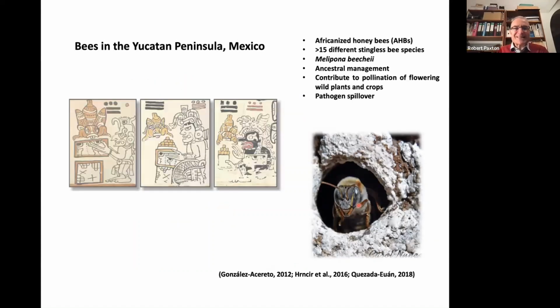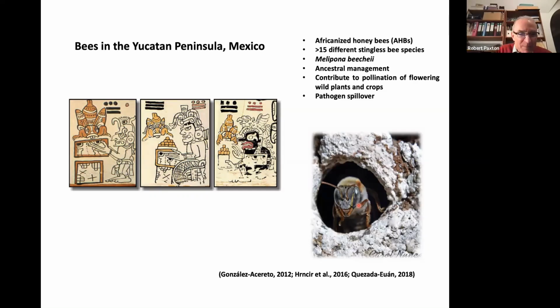Melipona beecheii itself is an iconic species, maintained in a traditional way, the way it's been kept for the last 2,000 or more years. These are ancient Maya codices, and one sees bees within them.